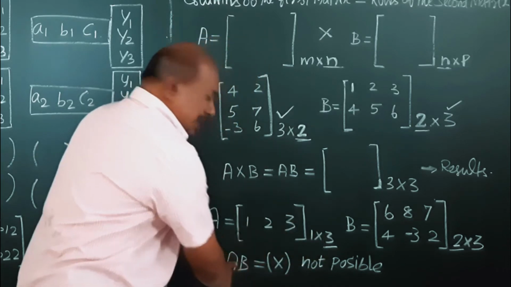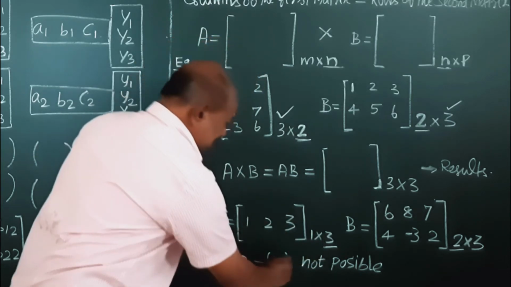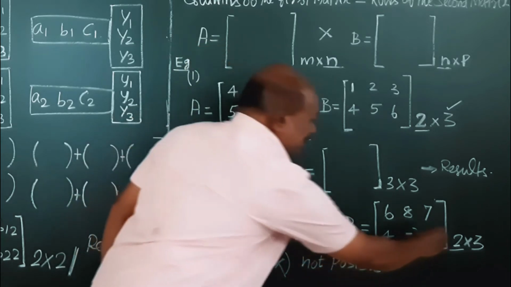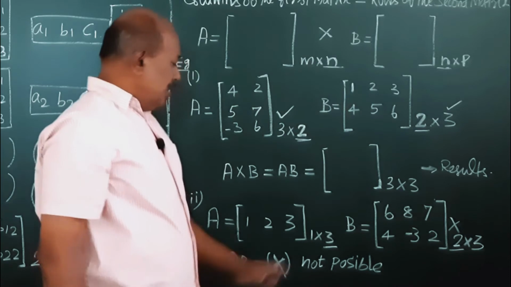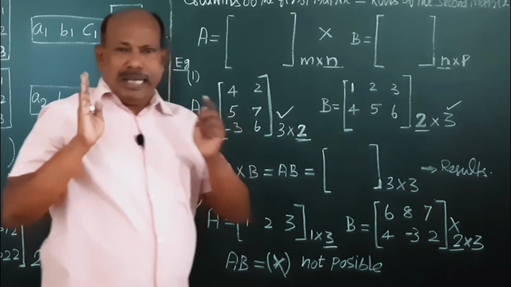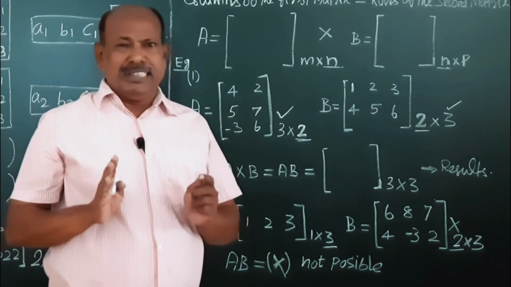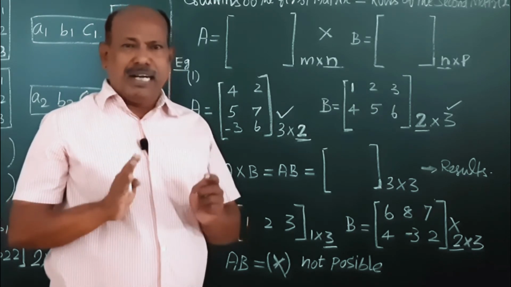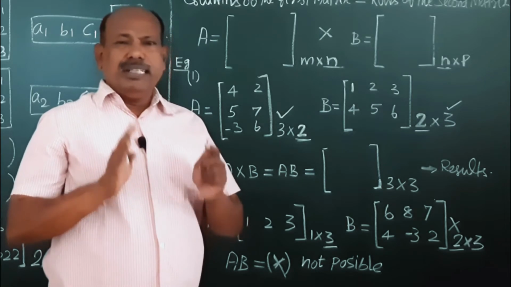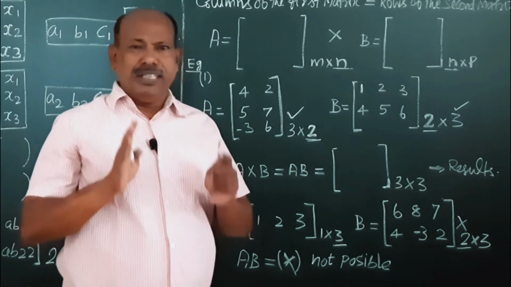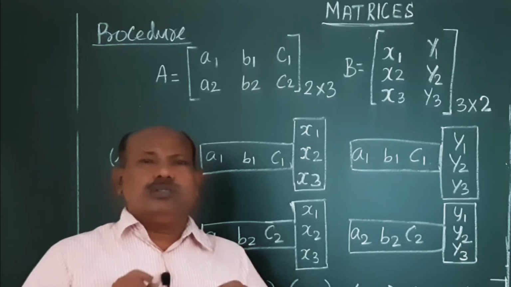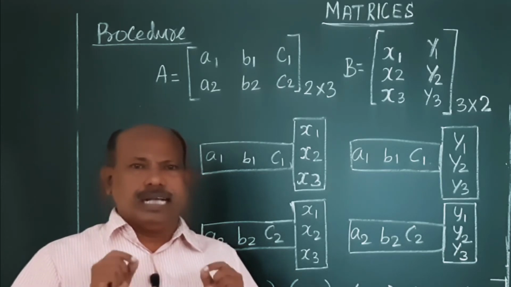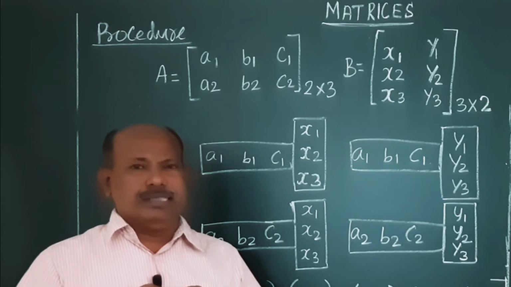So the multiplication AB is not possible in this case. So for any multiplication of matrices, the first matrix column must equal the second matrix row. It is the rule.